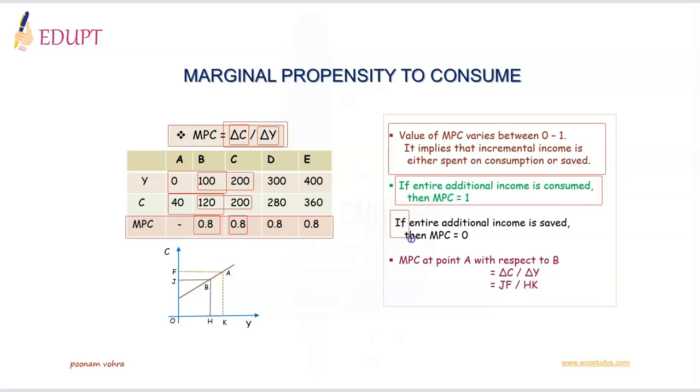If entire additional income is saved, then MPC is equal to 0. Diagrammatically, if initial consumption is OG at income OH, new consumption is OF at new income OK, then change in consumption is JF by HK.